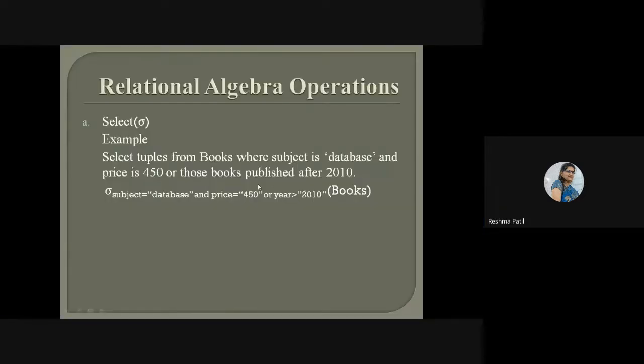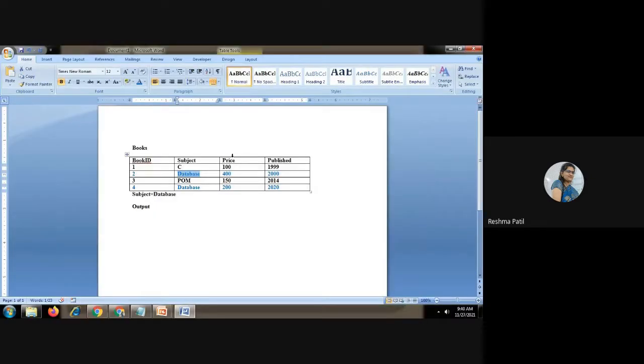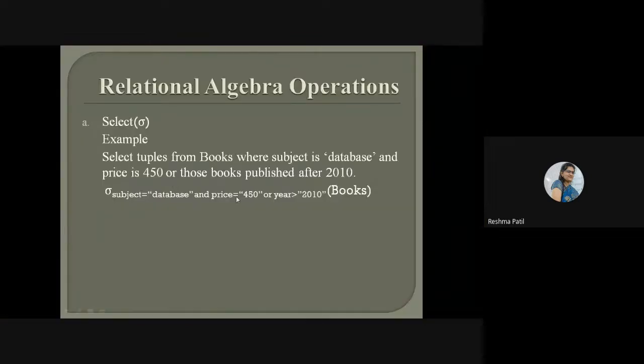Now the second query is AND: subject is equal to database and price is equal to 450. We will check whether price is equal to 450. No. So at this level we are not getting anything, because this condition is false.